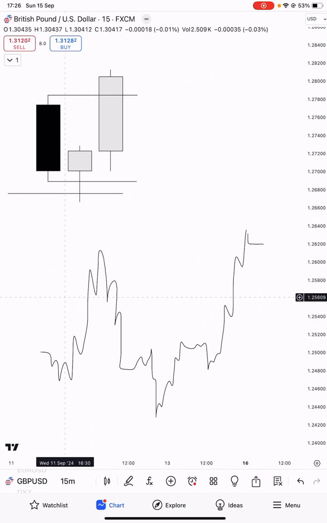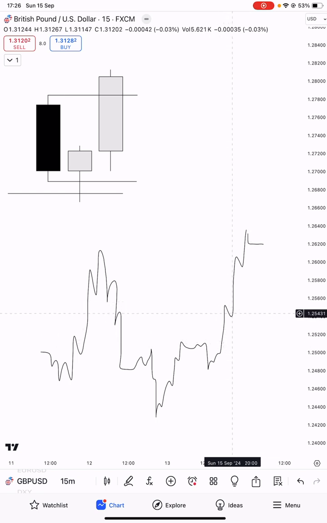So that's the type of entry you can do. Candle number 2, my favorite, or candle number 3 below the opening, or phases of reaccumulation within the distribution.